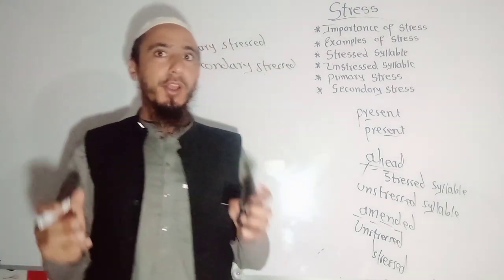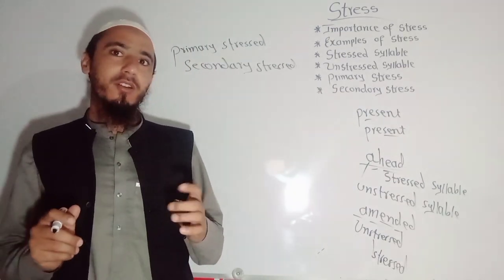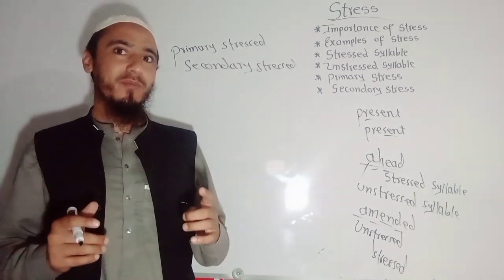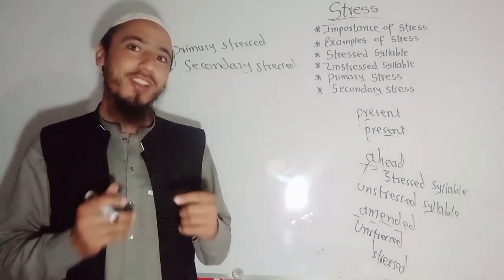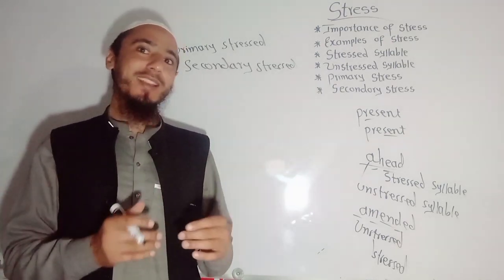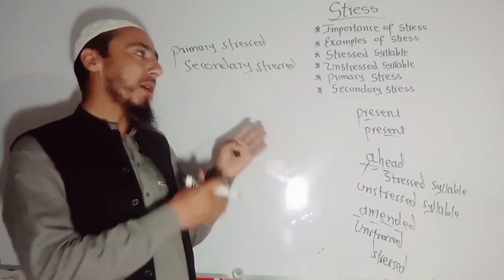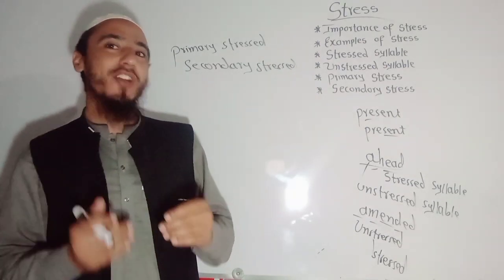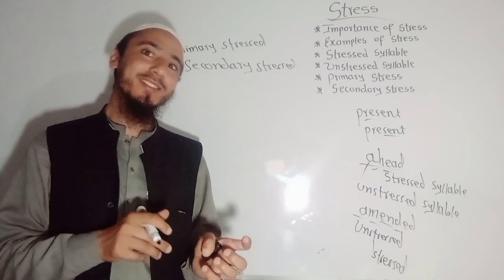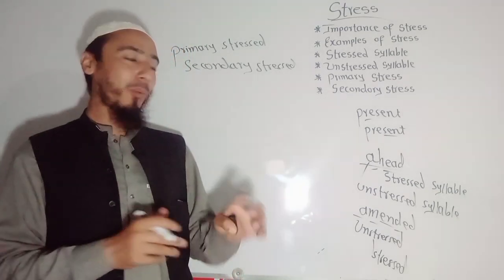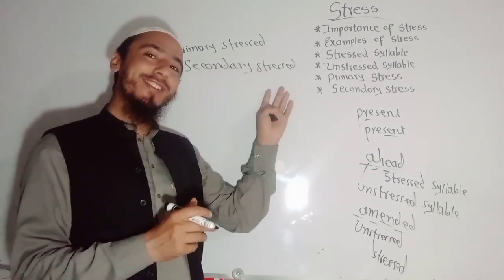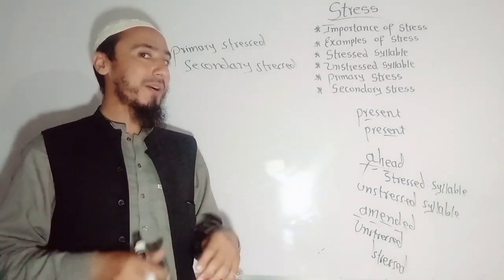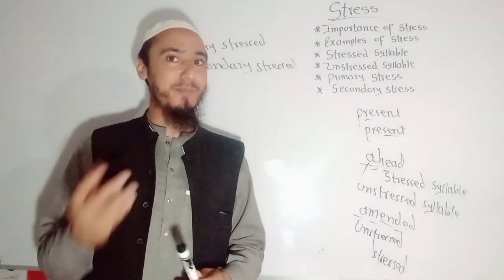Listeners and audience, primary stress is a stress in which the emphasis is given very strongly, and secondary stress is a stress in which the emphasis is given in a strong way but less than compared to the first one. So what is the difference now? In primary stress, the emphasis is given to a part of a word very strongly. And in secondary stress, the emphasis is also given to a part of a word, but less than compared to the primary one.